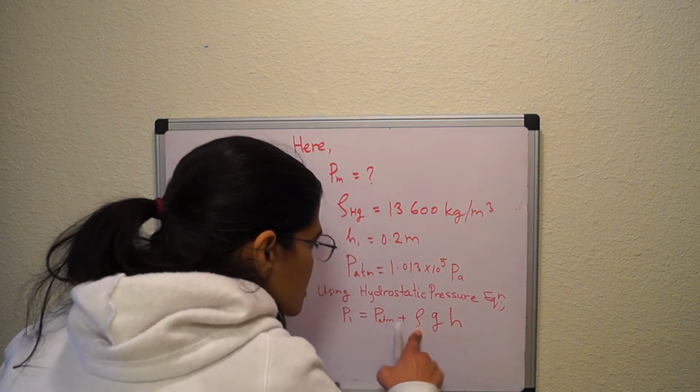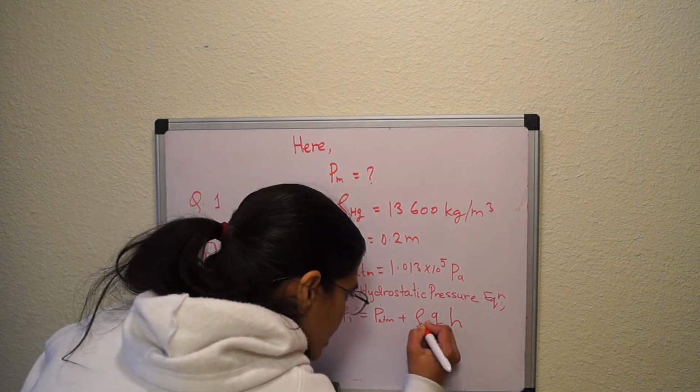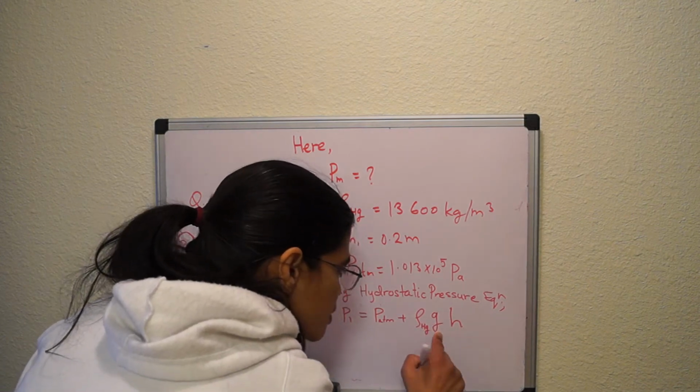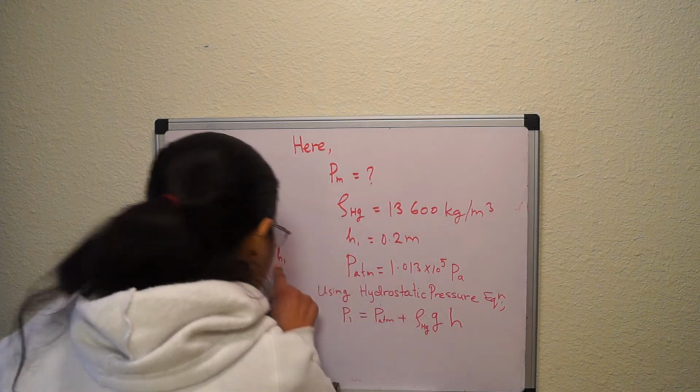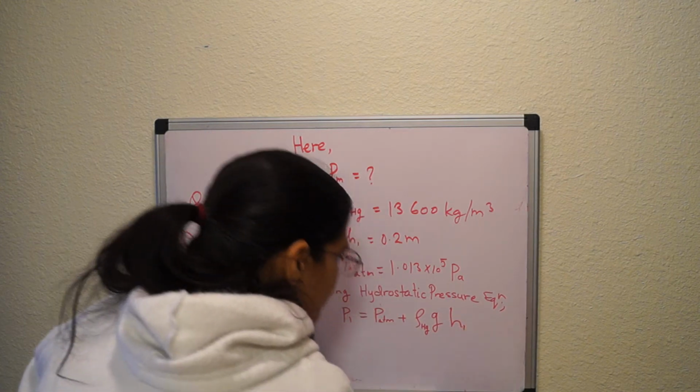But this rho is not water, here we have mercury, so let's write rho Hg, and g doesn't change. H is the height, which we labeled as h1.